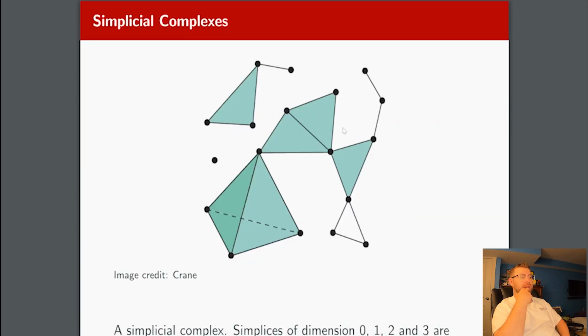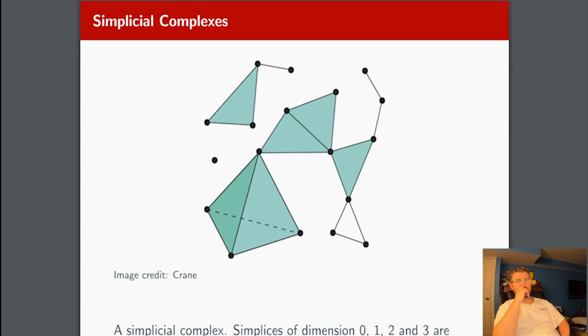What I really want to get at is that the face of a K-simplex is like a K minus 1 simplex, or an edge sometimes. Edge or face are used interchangeably. So that's a quick rundown of 0, 1, 2, and 3 simplices and what they look like.